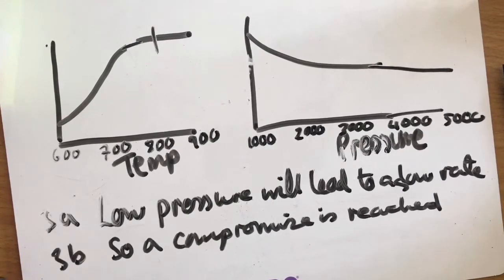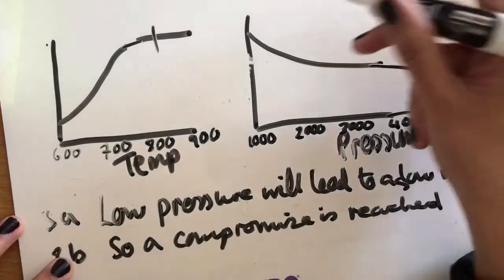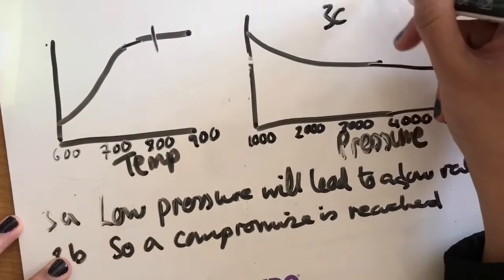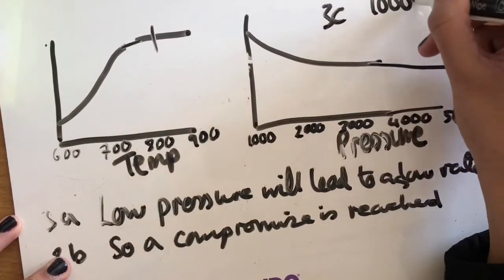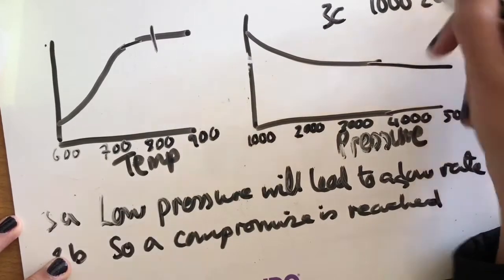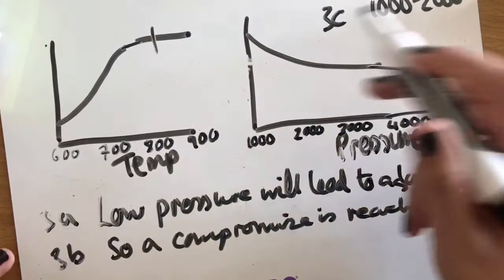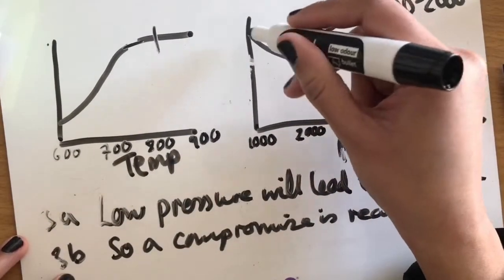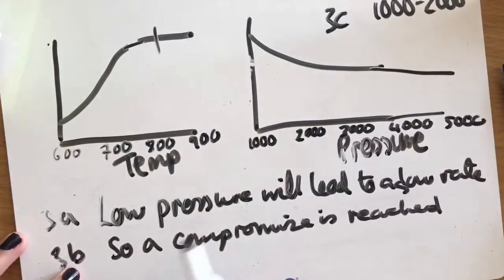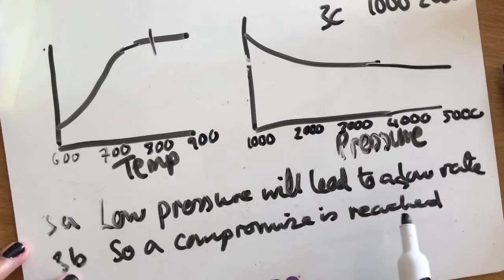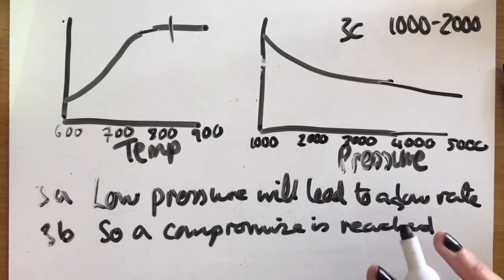So here, they said the optimum pressure would be between 1000 to 2000 kilopascals. Okay, so the idea is that really we would want as low a pressure as possible. However, you have to take into account that there will be a very, very slow rate of reaction. So that's why you have to compromise. You have to increase the pressure slightly.